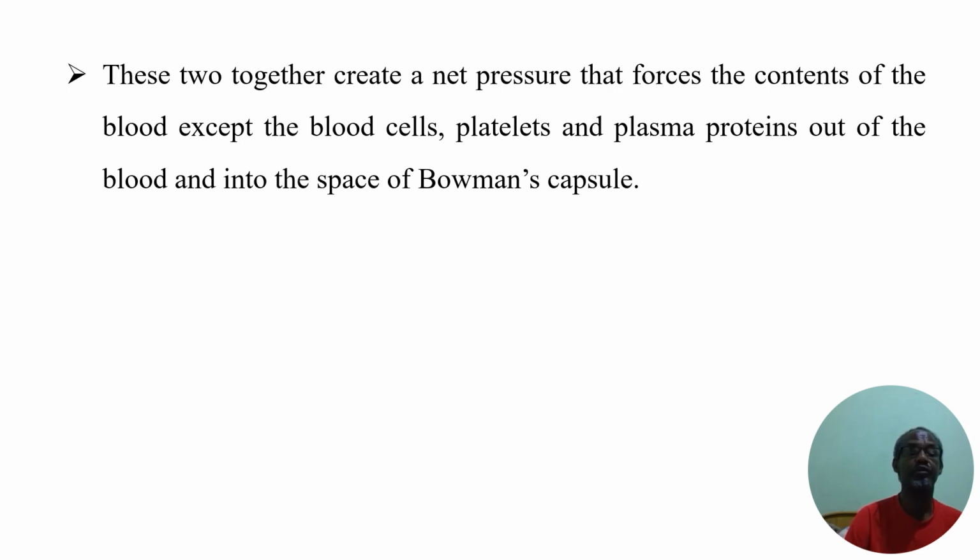As far as the kidneys are normal, these elements do not pass out to become glomerular filtrate: blood cells, both red and white, platelets, and plasma protein. The pressure pushes all the others except these into the space of the Bowman's capsule.